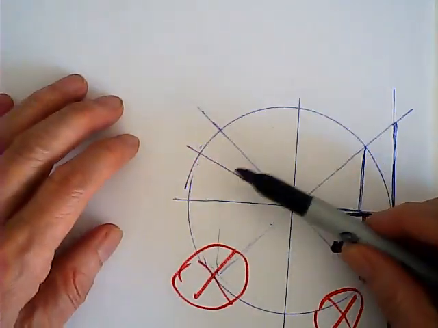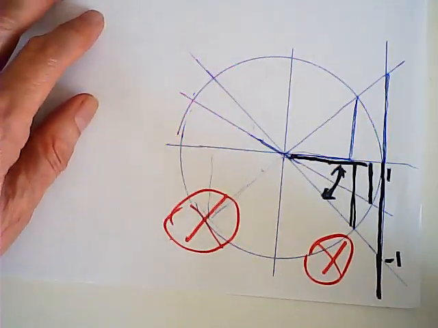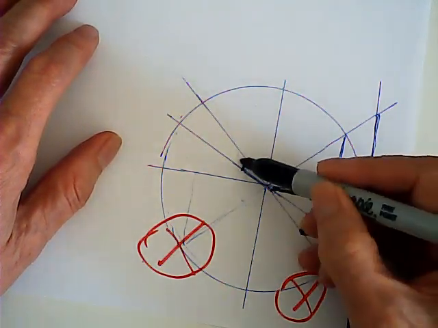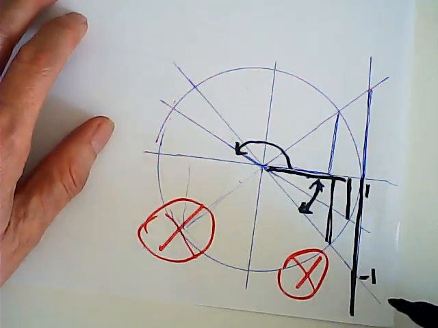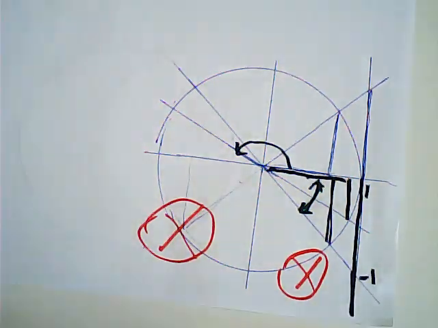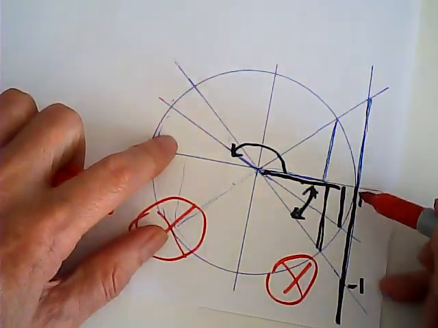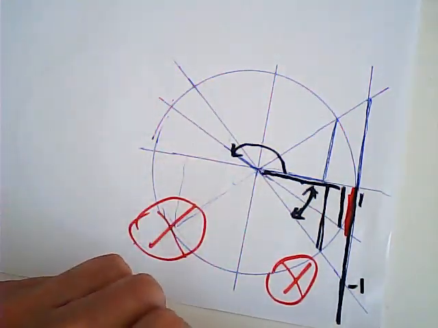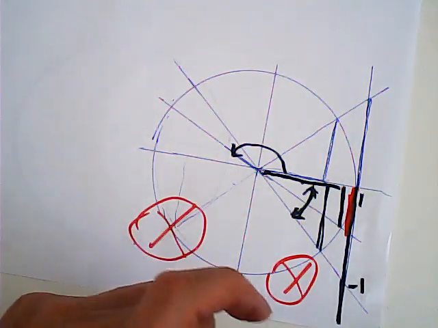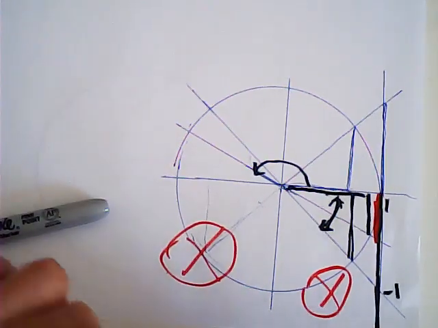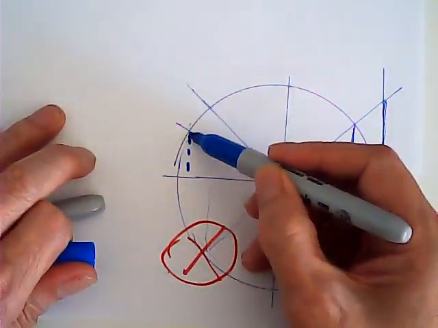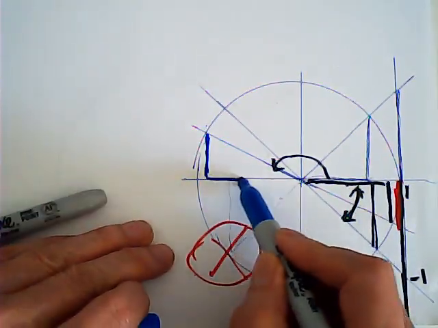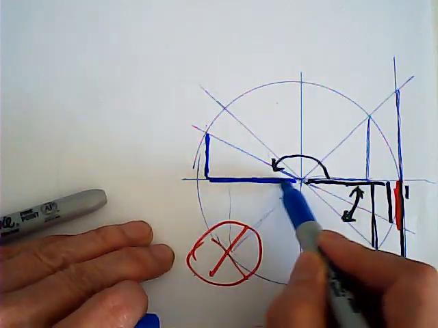Now, second quadrant. The second quadrant is this angle, right? This is the angle in the second quadrant. That will be my tangent, which is negative. This will be my sine, which is positive. This will be my cosine, which is negative.